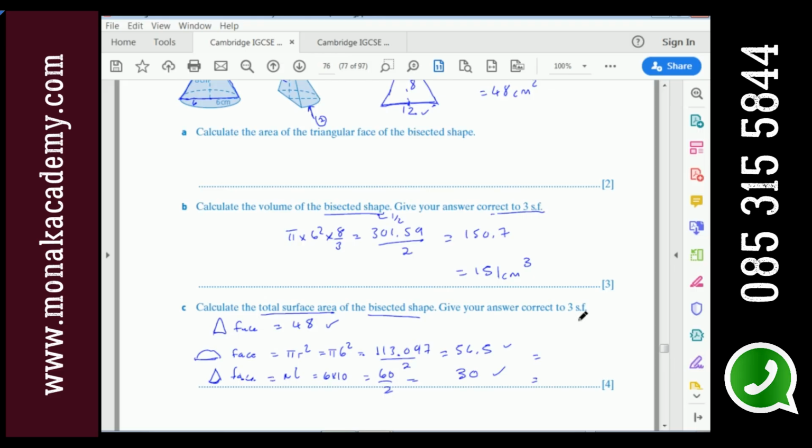You say 86.5. Plus 48, plus 8, plus what? 134.5. 134 to 3 significant figures. 135.